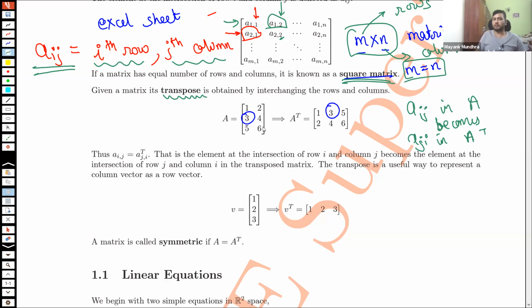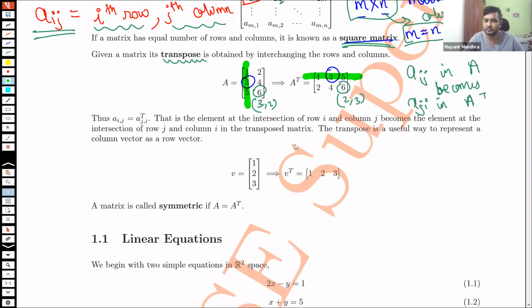So this is what will happen. This position was earlier 3, 2. Now this position becomes 2, 3. Okay. This entire column now becomes this entire row in that order. So rows become columns and vice versa. So this is what happens when you take the transpose of a matrix.